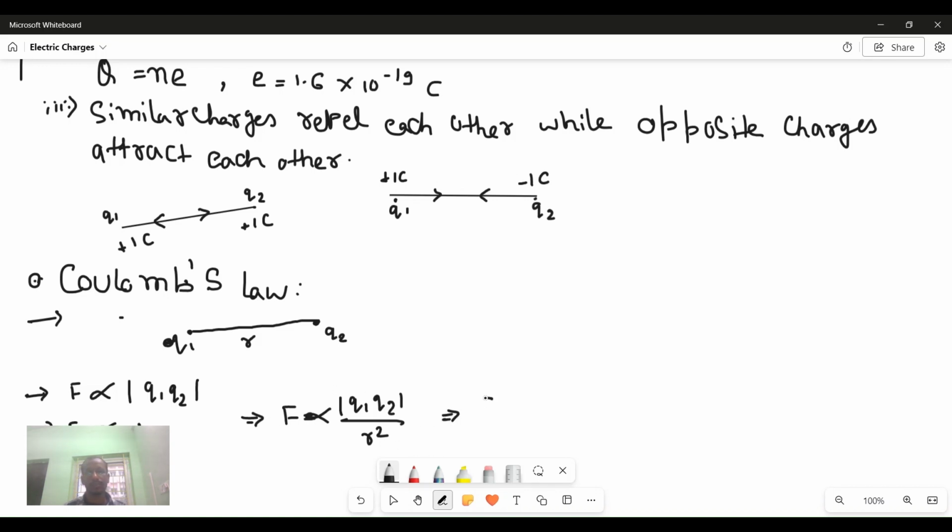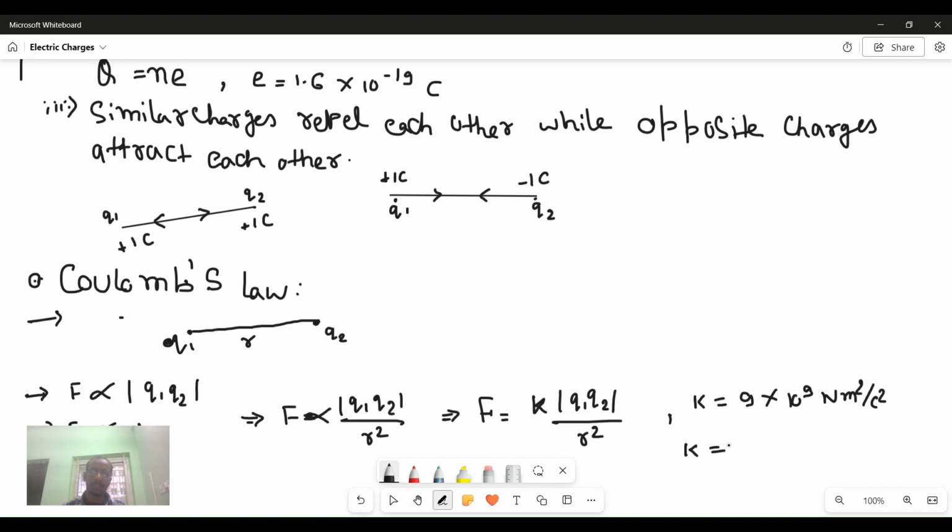And if we remove the proportionality sign, we take a constant k, and k is known as Coulomb's constant, and its value is 9 × 10^9 Newton meter squared per coulomb squared.